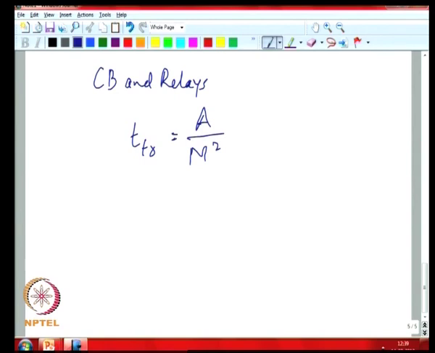You know that your m is the ratio of your actual current to your pickup current.